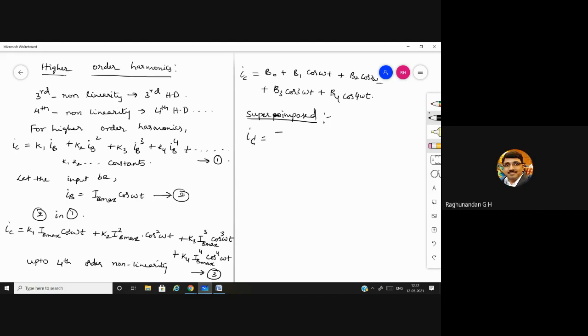So we are superimposing it, and we now write the equation. IC is equal to, this is our DC current which remains as it is, plus B0 plus B1 cos omega t plus B2 cos 2 omega t plus B3 cos 3 omega t plus B4 cos 4 omega t.